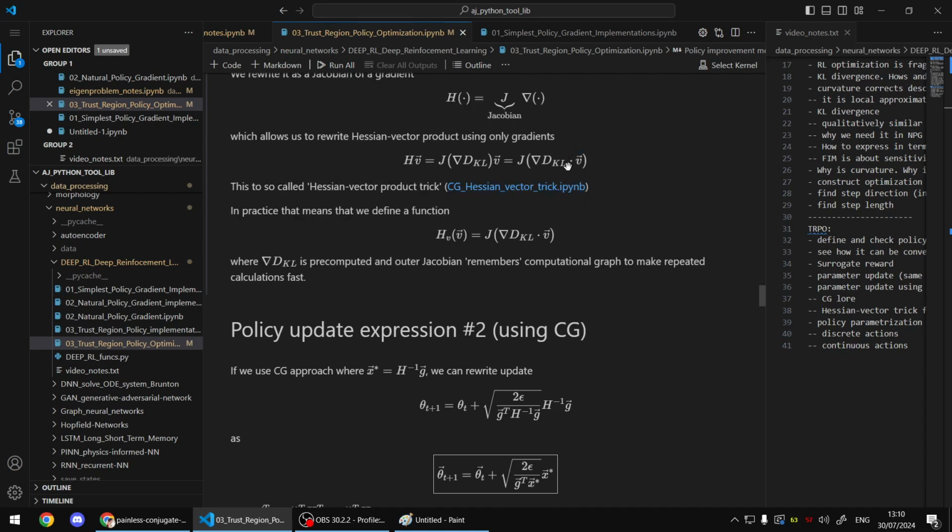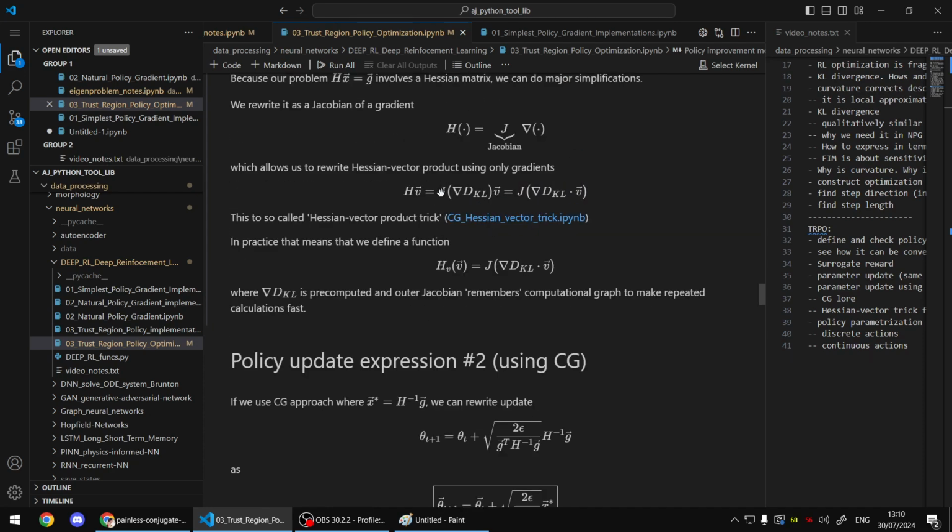And that's the idea, that we can actually avoid computing the full Hessian. Conjugate gradient only uses H in this application when it multiplies some vector. That means we can avoid constructing the Hessian, and we only need the gradient of whatever is inside. In our case, it's scale divergence.